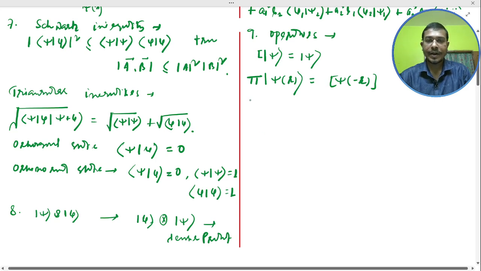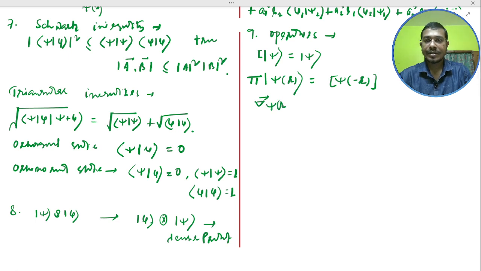Next one, the gradient operator. Grad psi of r. This is called the gradient operator. Next, this is the linear momentum operator.